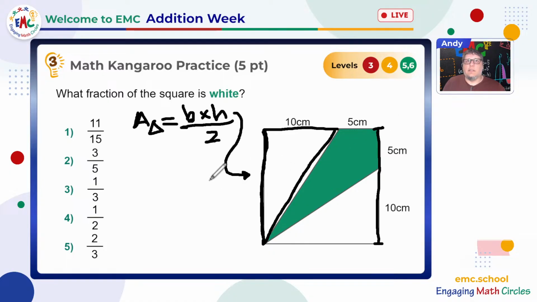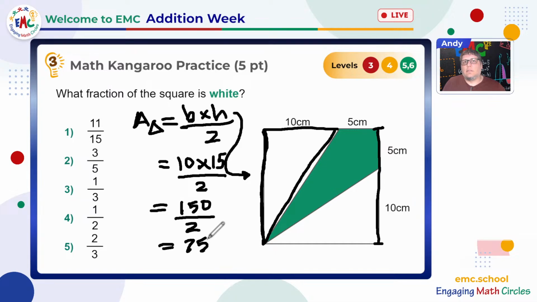That gives us 15. So the area of the first white triangle is 10 times 15 divided by 2. So that's 150 divided by 2, or 75. So this part is 75. Similarly, this part is also 75.